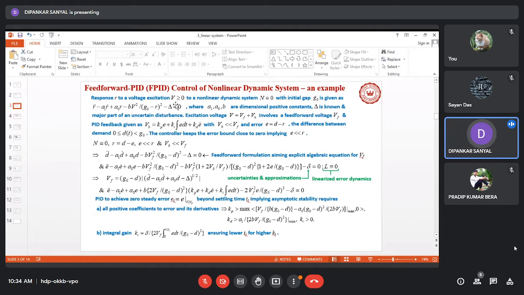In this nonlinear problem, we made the substitutions of this voltage and this error to generate a nonlinear algebraic part in terms of a known demand profile, and that nonlinear algebraic part gave an estimate for the feed forward voltage, and because of the approximations, when we give this voltage, exactly the demand won't be produced.